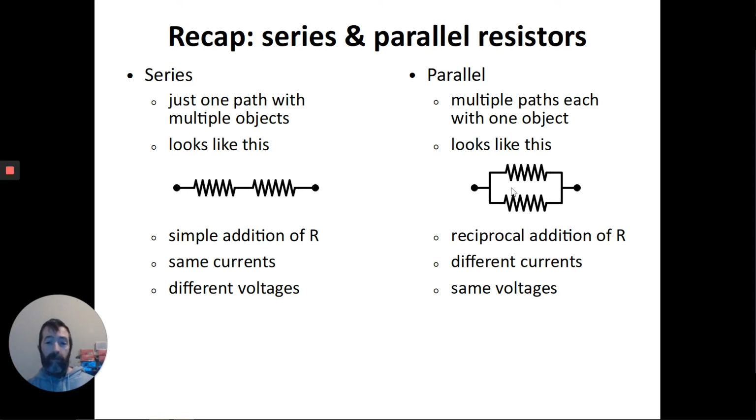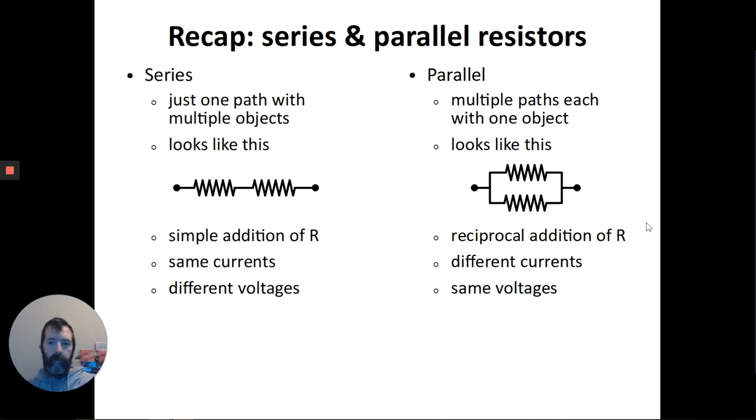But if one of the paths is easier than the other, then more of the current is going to take the easy path. And you can find the amount of current that goes through any individual resistor, again using V equals IR. You're going to know the V because they have to have the same V between these two dots. And if you know the resistance R, then you can calculate the current that each one gets.